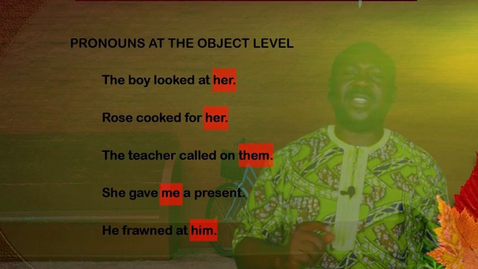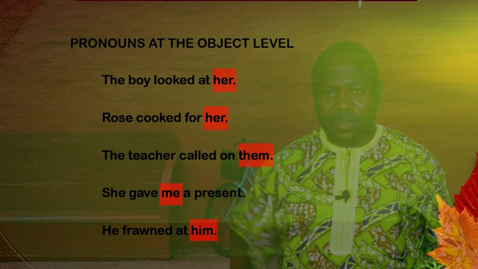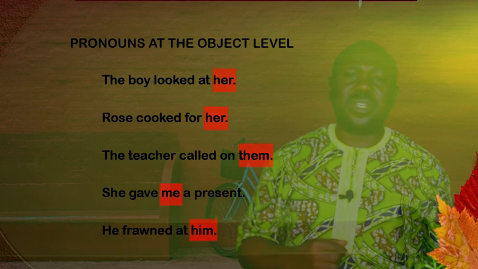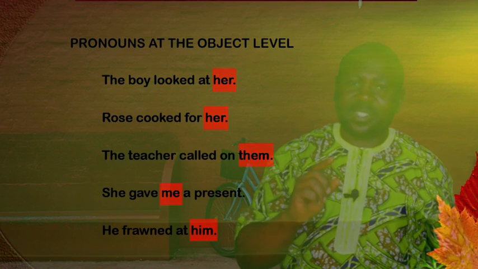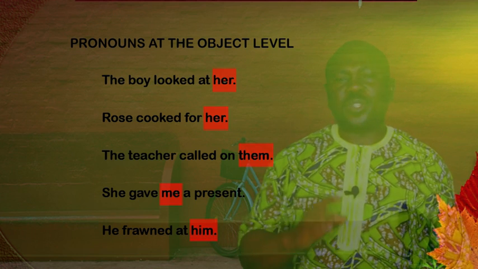On the first sentence, her is the pronoun spotted at the object level this time around, while them in the second sentence, me in the third sentence, and lastly him in the final or fourth sentence. So summarily, take note, personal pronouns can be spotted at the subject level or at the object level respectively, as the case demands.